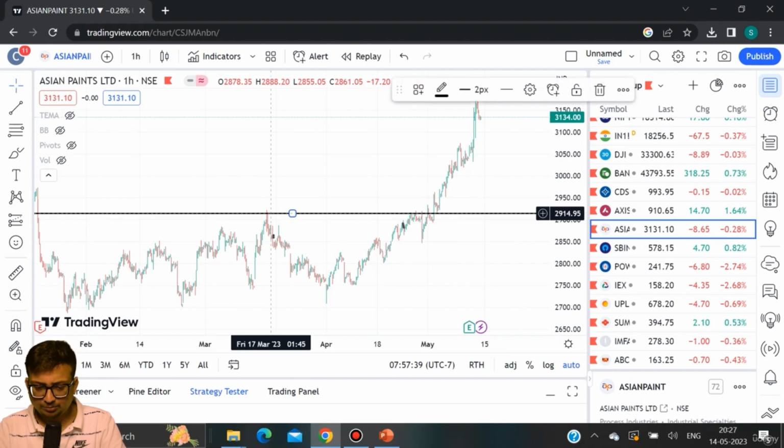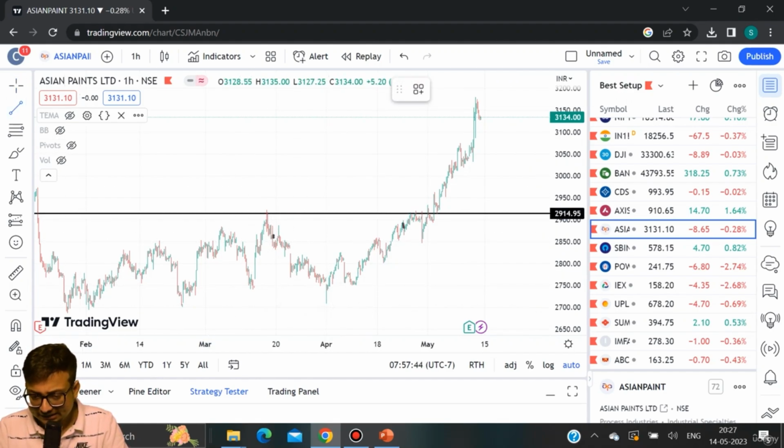This was a support point, not very perfect, but more or less this is a support and this was the resistance, right? After breaking this resistance, the market went up, right?